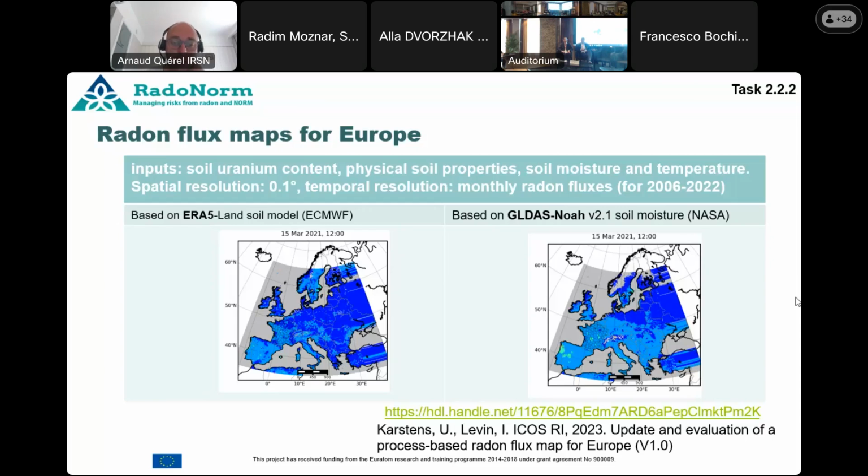It does not lead to any improvement. So in this study, we have used the monthly radon exhalation flux maps. So we have a map for each month, and it's satisfactory enough for this purpose.